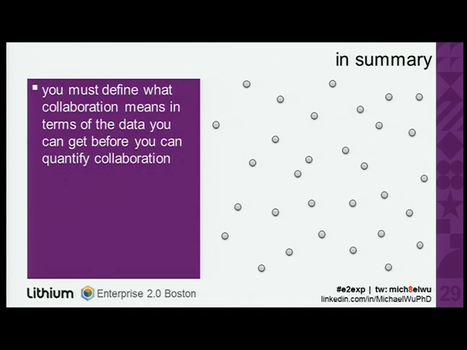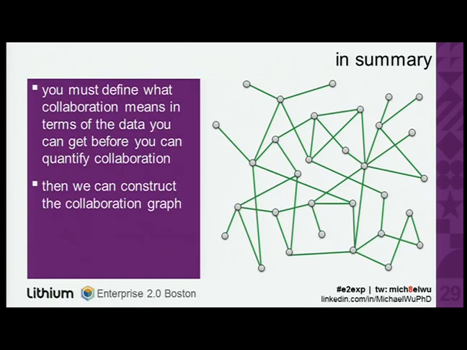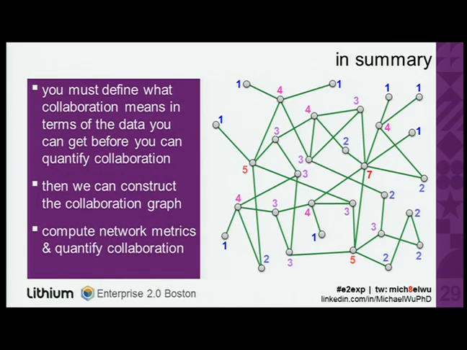You have to define that in terms of the data that you actually can get before you can quantify collaboration. And once you define what collaboration means in the data that you can get, then you can construct a collaboration graph, right? Because each one of these edges now means collaboration, and collaboration means whatever criteria that you set, right? Now you can compute network metrics and quantify collaboration.